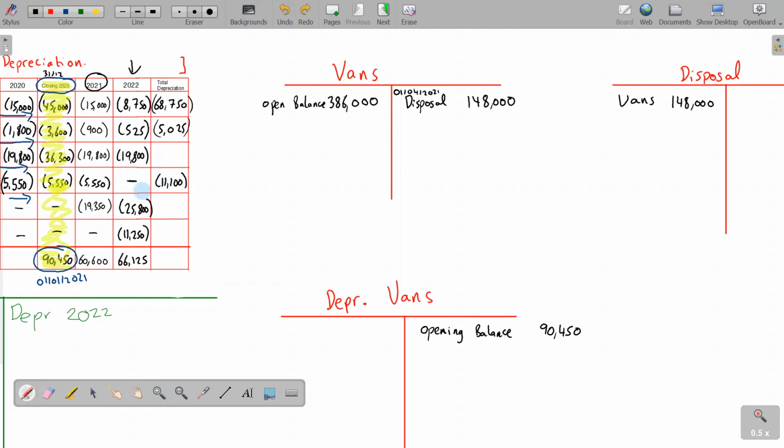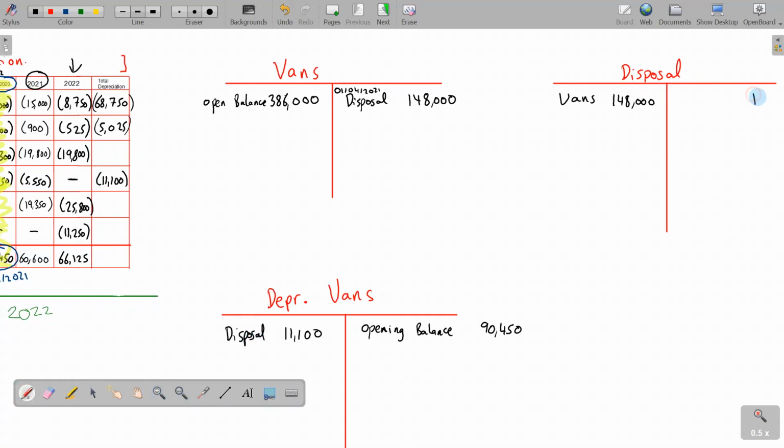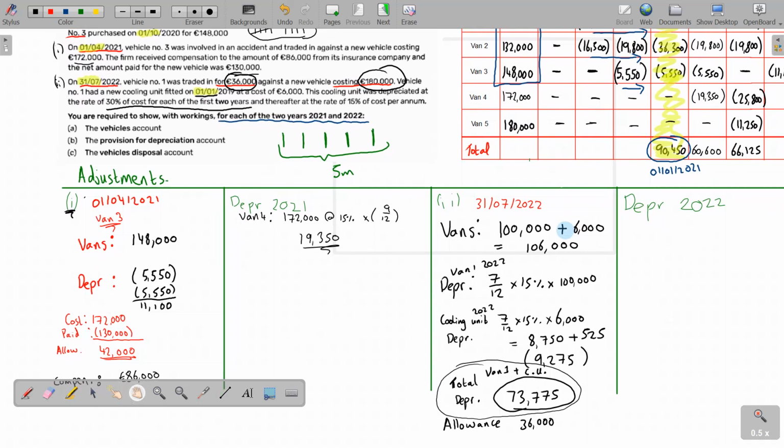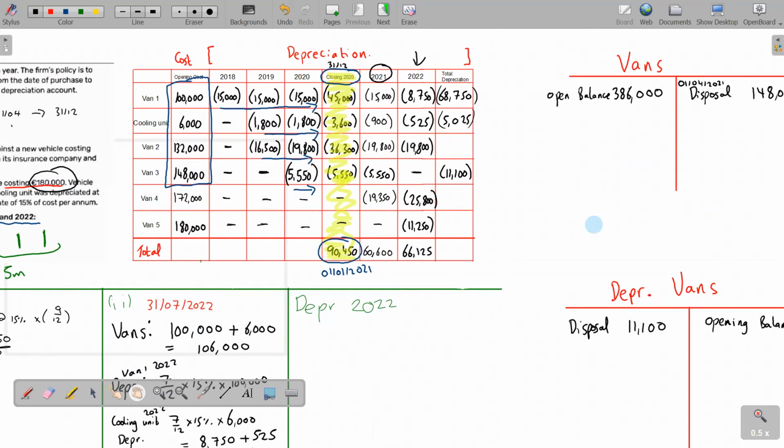So that's why it's handy to have the table. We've kind of got the total depreciation related to that van when we disposed of it. 11,100 going to disposal. $11,100 coming from depreciation. So we also had allowance and we had compensation. Allowance was 42,000, compensation was 86,000.